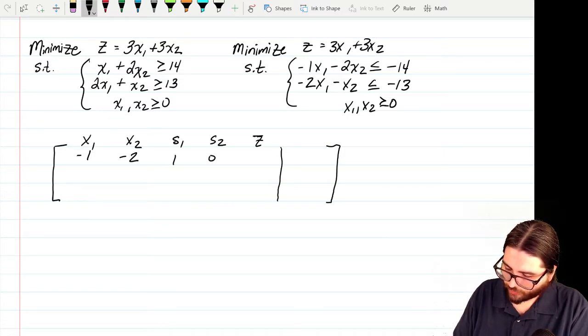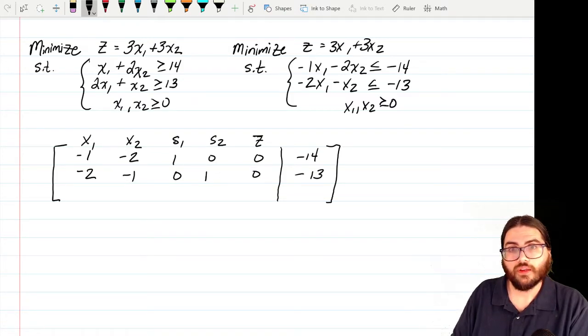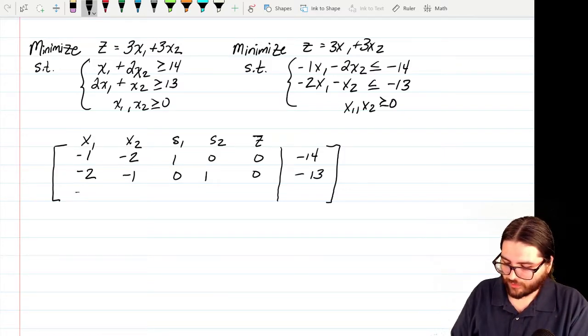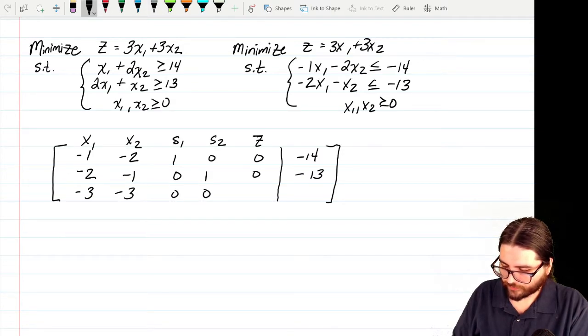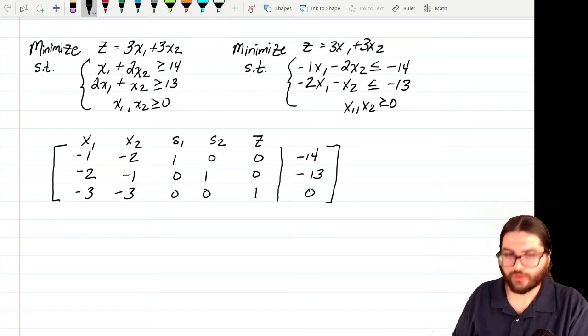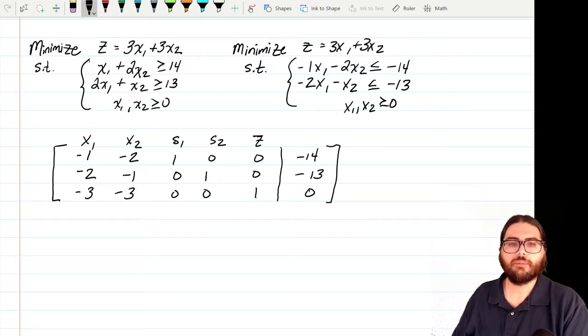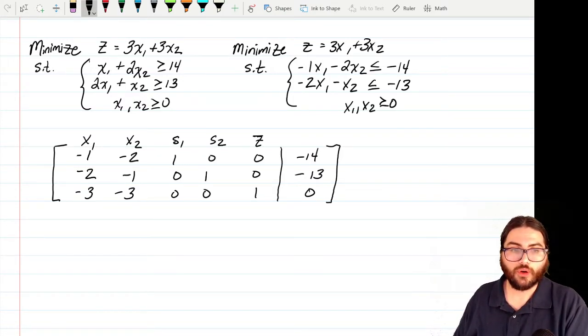Slack variable for the first inequality. Numbers. Slack variable for the second inequality. And then let me move all of those variables to the left side in my objective function. 0. Excellent. So now my matrix is ready to go.